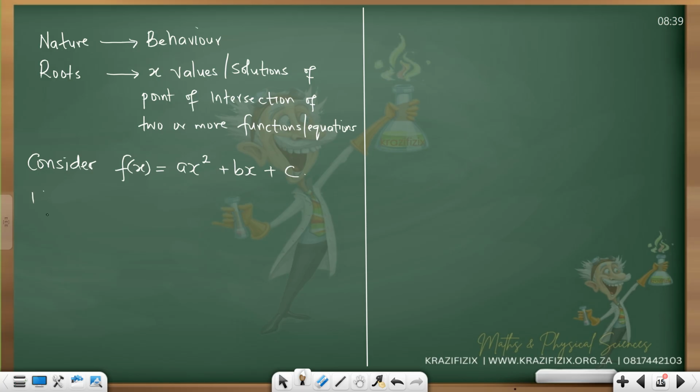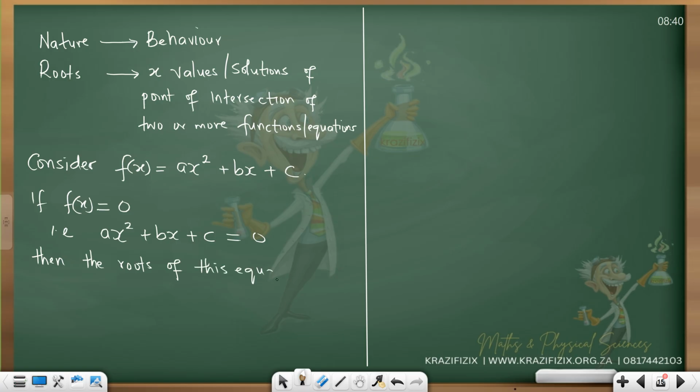If f of x equals 0, that is ax squared plus bx plus c equals 0, then the roots of this equation are, you see, I didn't say root, I said roots, which means we're looking for the x values.